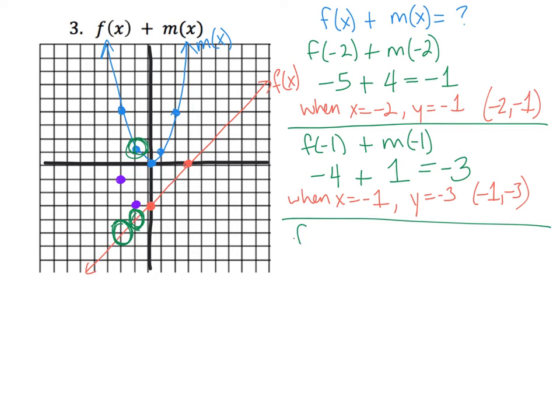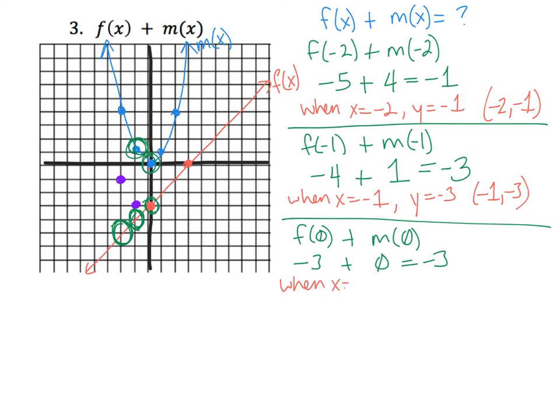So now let's try f of 0 since I've got that point too. So f of 0 and m of 0. So at f of 0, here's f of 0 right here. It is -3. And m of 0, when the input is 0, m happens right here at 0, so -3 plus 0 is -3.